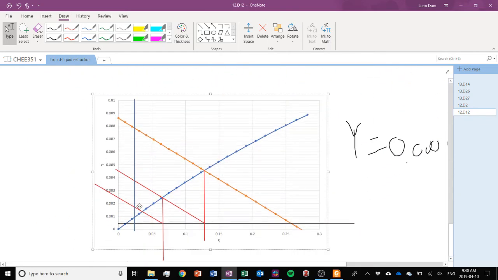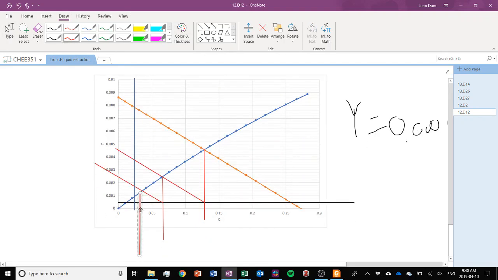So when we draw our vertical line, instead of stopping at the typical inlet air concentration, we're just going to go all the way down to 0.